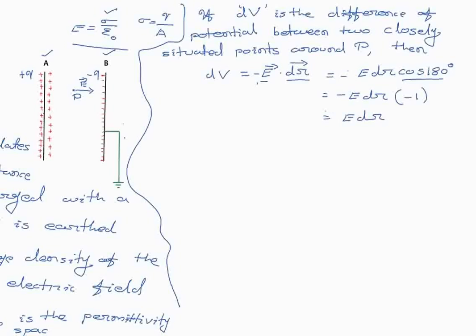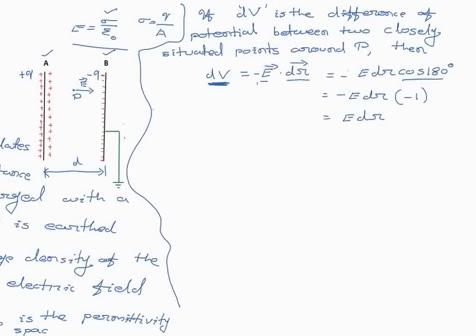Now the potential difference between the two plates of the capacitor, the separation between the two plates of the capacitor is d, small d. So here we have taken the potential difference between two closely spaced points inside the plates of the capacitor.